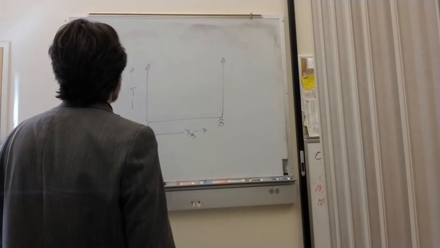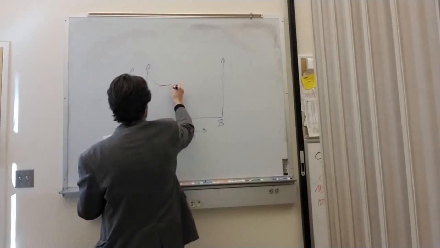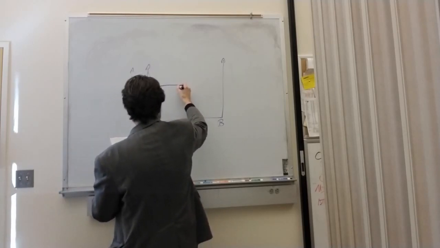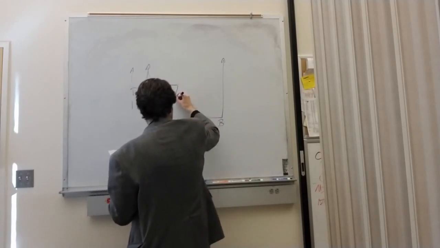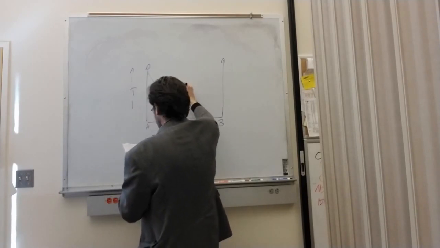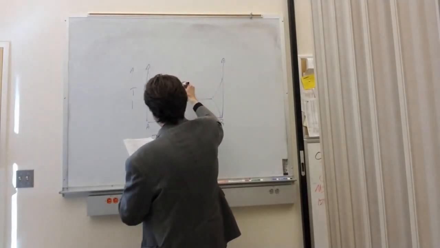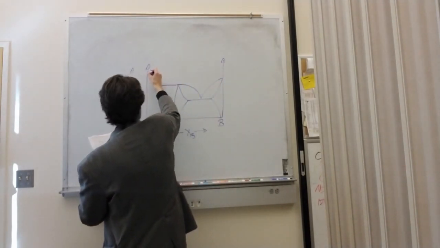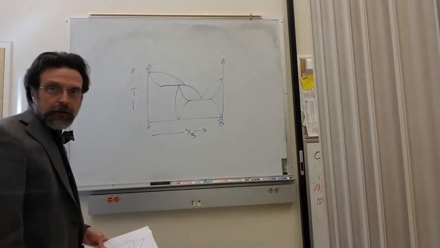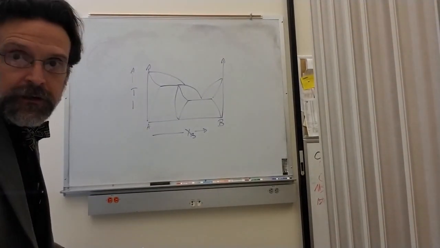Then here, that is our peritectic. Now this is a little more complicated than the eutectic, so let's fill in what we have.